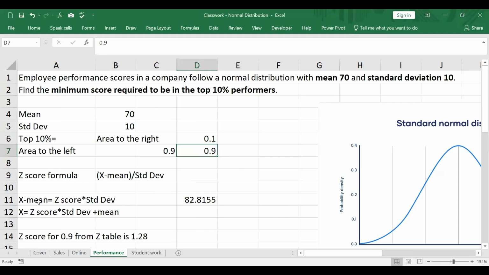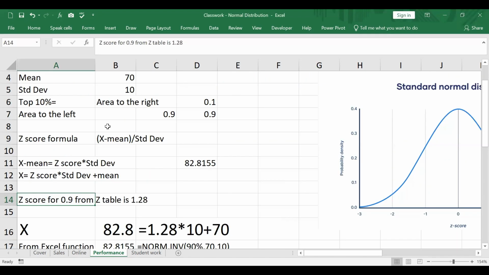So the X formula is: X minus mean divided by standard deviation is the Z score. Now we are not interested in the Z score, because that's already given by the probability 0.9. Now we want to find out what will be the X value. If we cross multiply this, X minus mean is nothing but Z score into standard deviation.